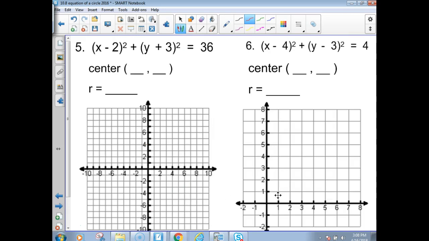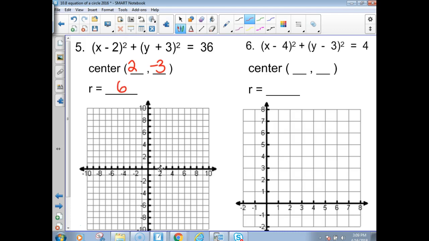Okay, number 5. Will somebody tell me what the center is and the radius, please? Someone want to give me that? All right, Abby? 2, -3 for my center. Yes. Radius? Yes.